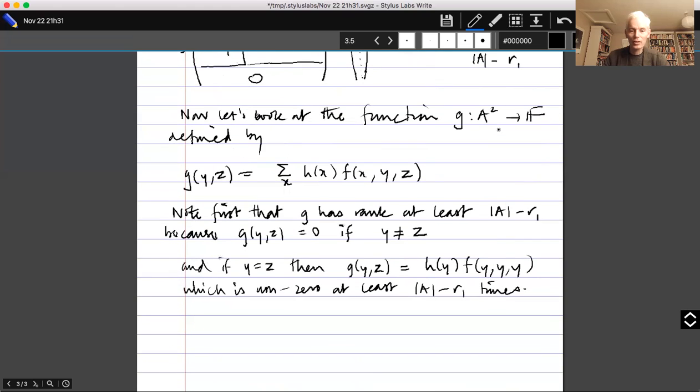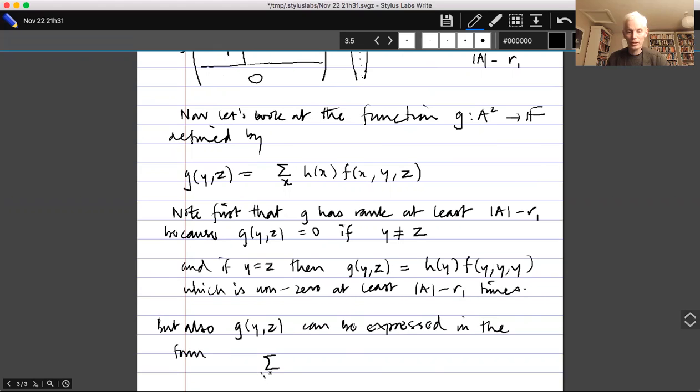So down here, G(y,z) can be expressed in the form the sum i equals R1 plus 1 to R2 of u_i(y) w_i(z) plus the sum i equals R2 plus 1 to R of u_i(z) w_i(y).